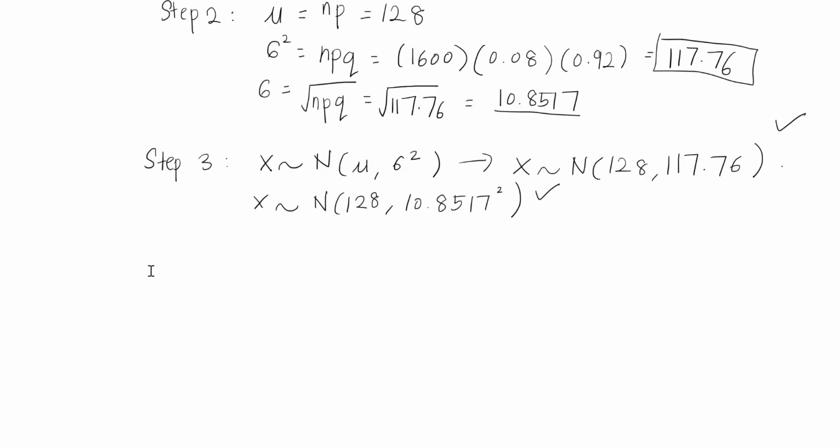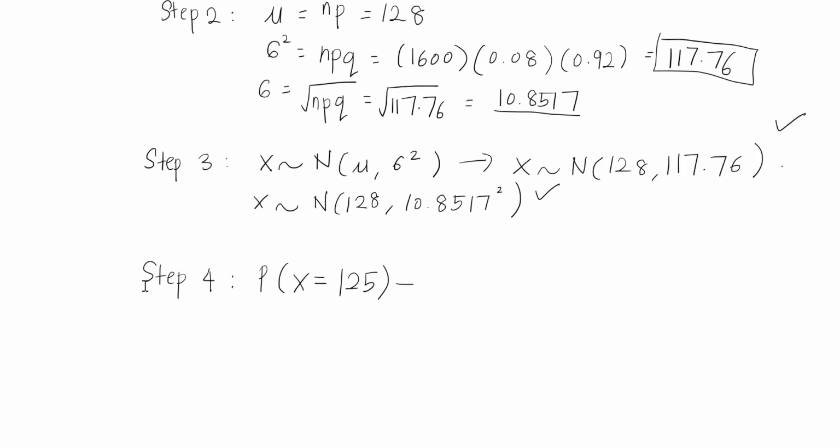Now we go to step 4. In this step 4, we are looking for the probability of X equal to 125.